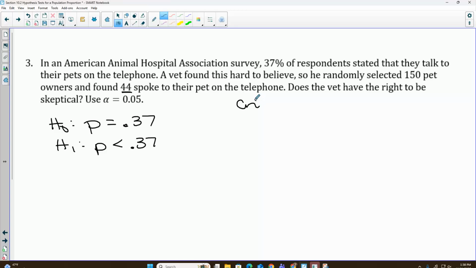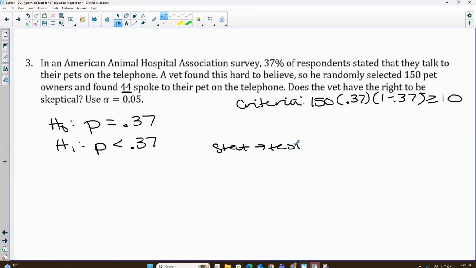Criteria. What's my N? What's my P? 1 minus P. And that gives me 34.965, so that's greater than 10, I'm good. So now, you can go to your stat, test number 5.